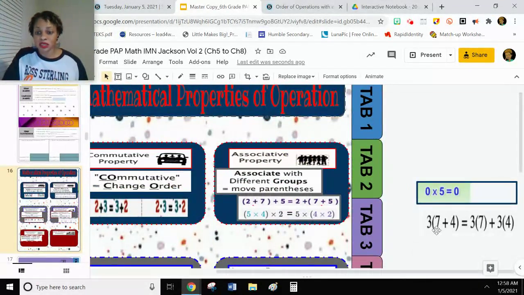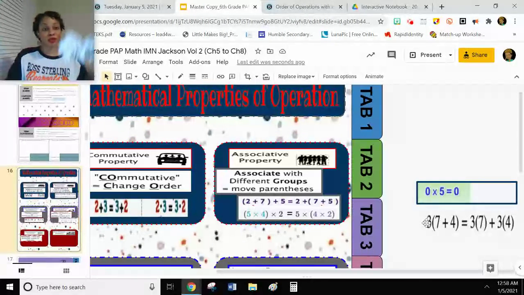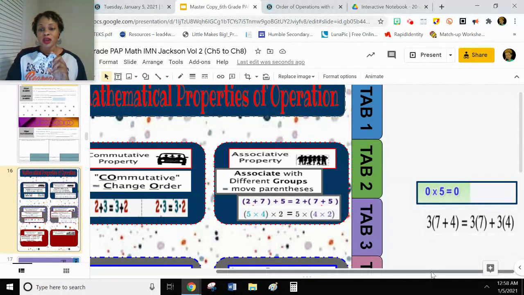Well, this is what it looks like. 3. 3 is outside of the parentheses. So we know that a number next to parentheses, hopefully you remember, means multiplication. So we're going to multiply everything inside this parentheses, inside that grouping symbol, times 3. So you're going to distribute the 3. So you're going to end up in expanded form.